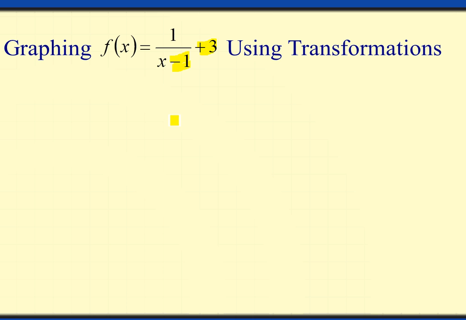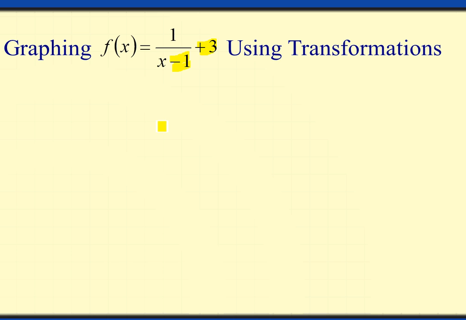But that -1 and +3 cause the graph to change. And remember, when we're subtracting or adding to x, as we've seen with transformations, that causes a horizontal transformation. So that -1 causes a horizontal transformation, but that +3 causes a vertical transformation.